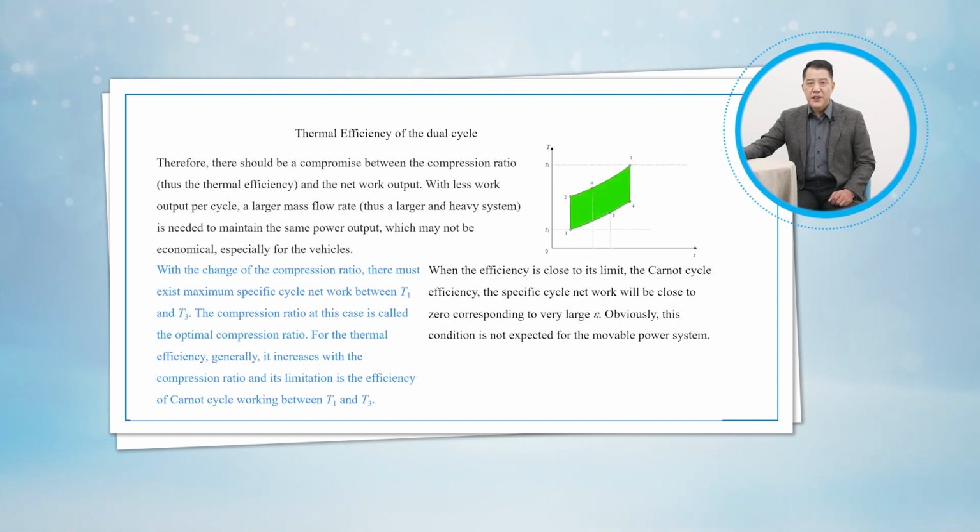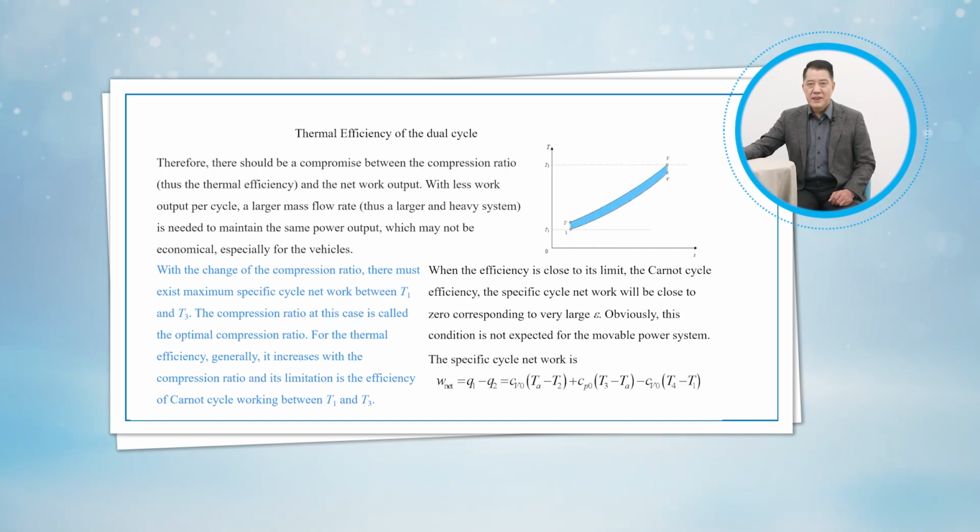When the thermal efficiency is close to its limit, the Carnot cycle efficiency, the specific net work per cycle will be close to zero, corresponding to a very large compression ratio. Obviously, this condition is not expected for the movable power system.